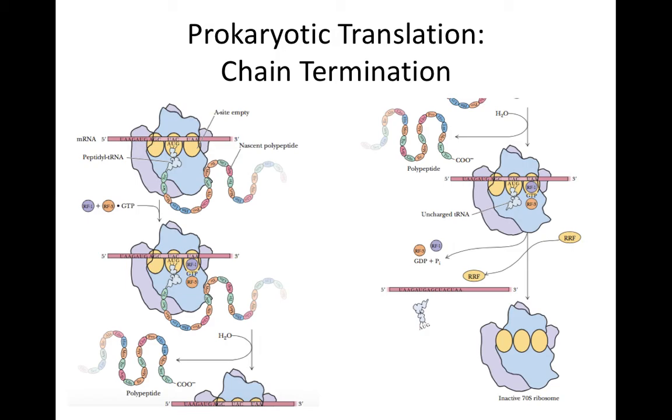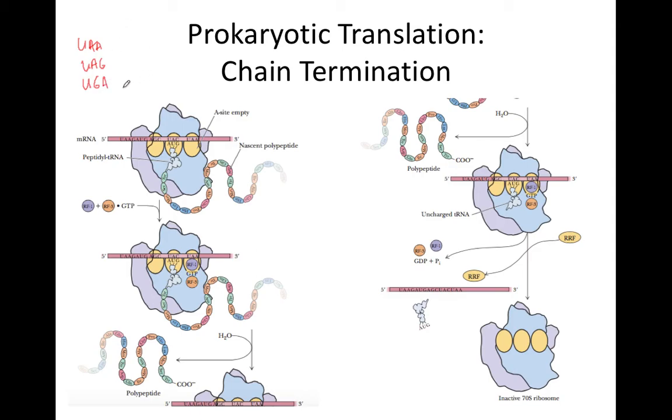So now let's go to termination. In termination, we have three release factors. Here there are several stop codons, UAA, UAG, and UGA.